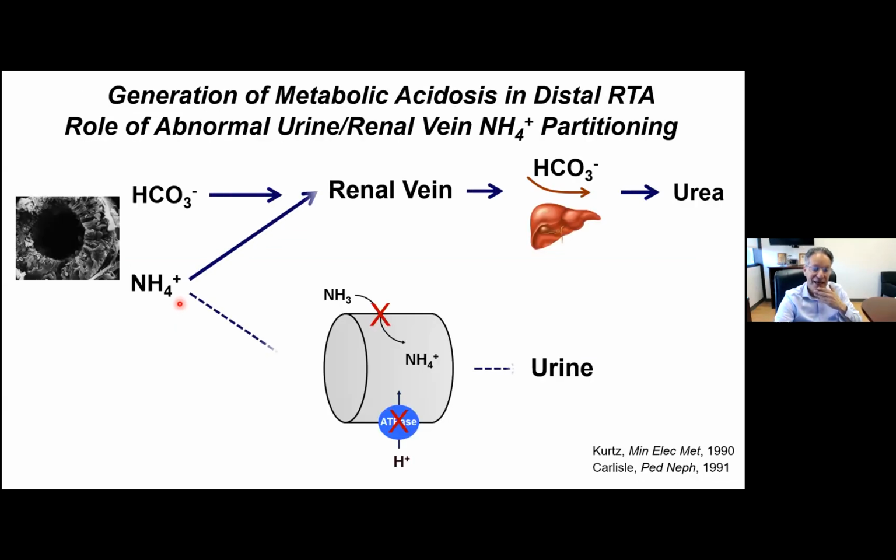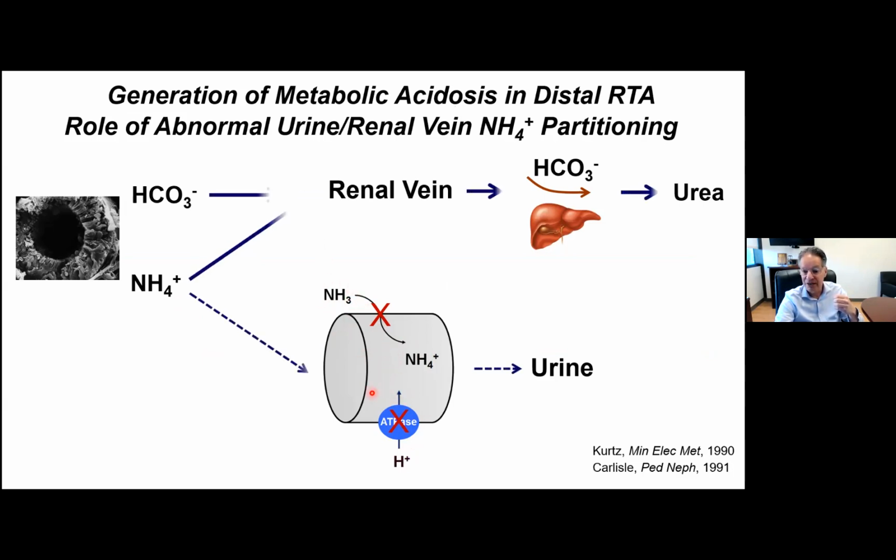So in distal RTA, we have a problem getting the 80% of the ammonia into the urine, and that's because we can't acidify the lumen. Now, remember what I said, that the acidification of the inside of this collecting duct is very important for lowering the NH3 concentration here to allow more and more NH3 to enter.